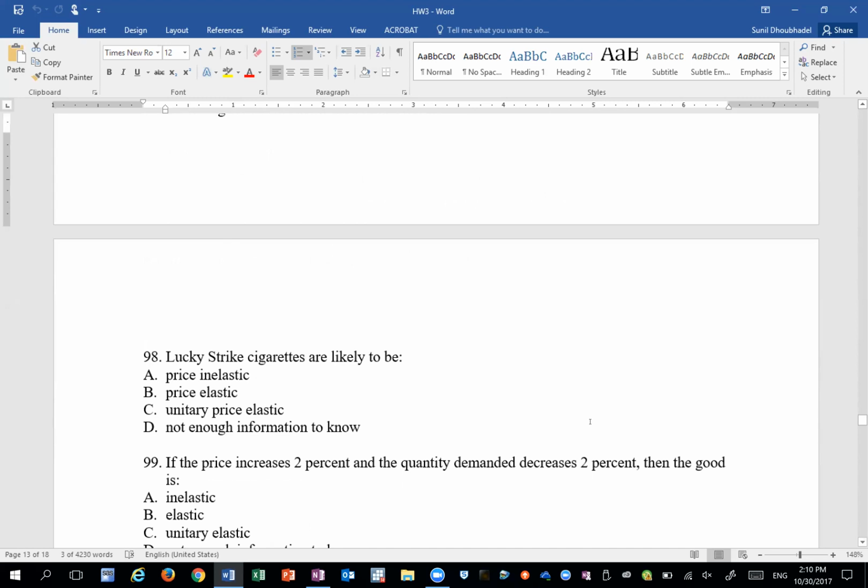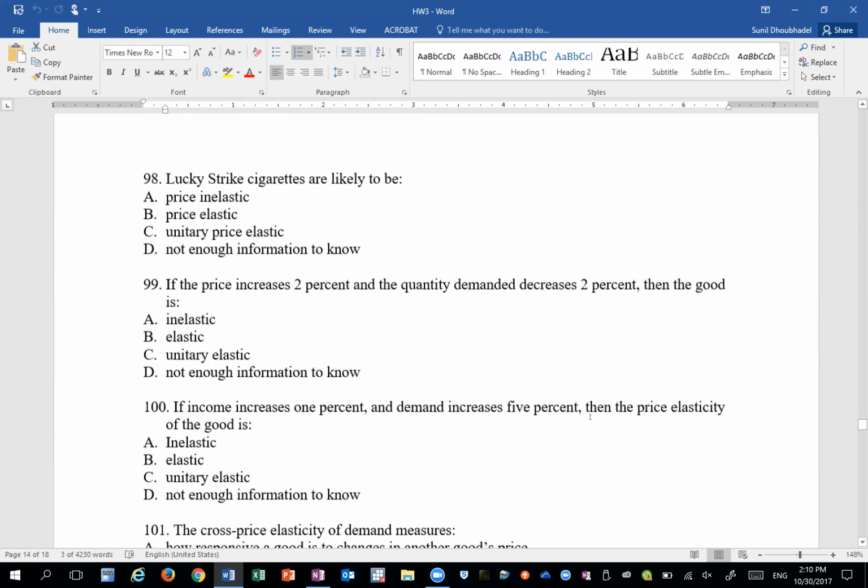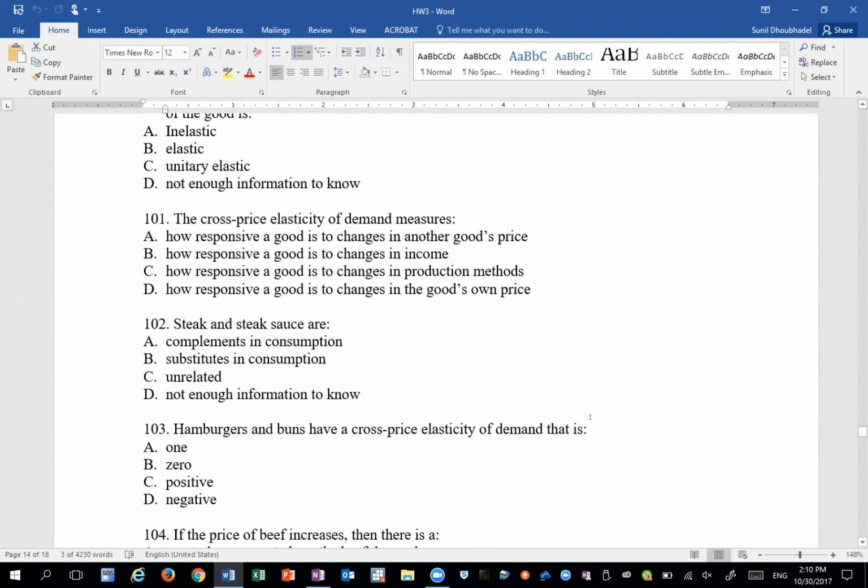Okay, so let's move on to hamburgers and buns have a cross price elasticity of demand that is 1, 0, positive, negative. Hamburgers and buns, they are what kinds of goods?